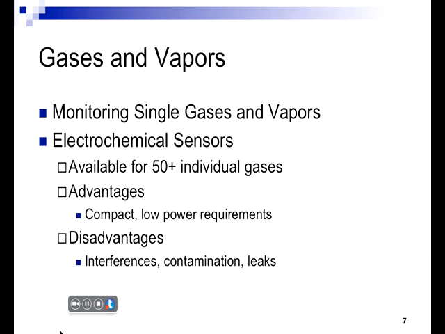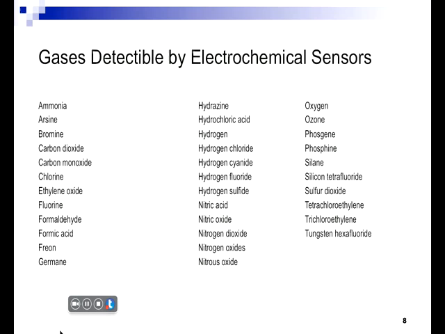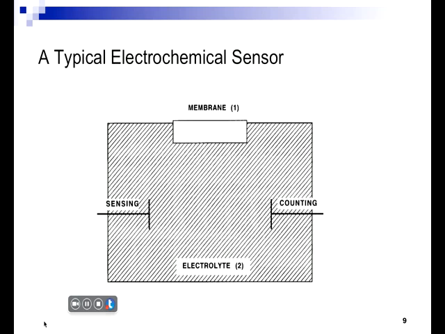It's a chemical, kind of like a car battery, that can leak out, and that could cause a problem as well. What kind of gases and vapors can be determined by these things? There's a laundry list, and I have a busy slide here, but things like hydrogen sulfide, like oxygen, like phosgene can be determined in real time with this type of instrumentation.